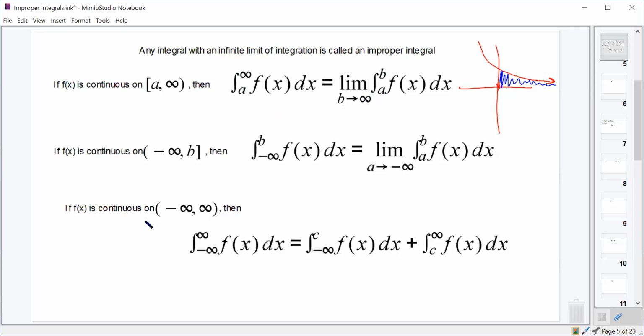Same with the negative infinity, or with the negative infinity to infinity, where we break it up somewhere in between negative infinity and infinity at some value that's easy to deal with, and then evaluate from there. Does that make sense? How we're going to deal with these? Or no? Yes. Cool. All right.